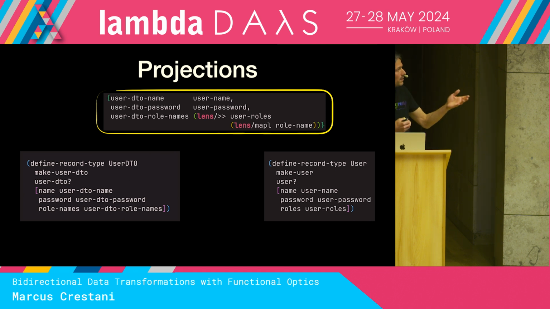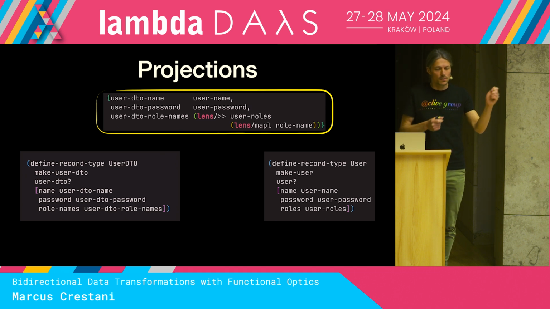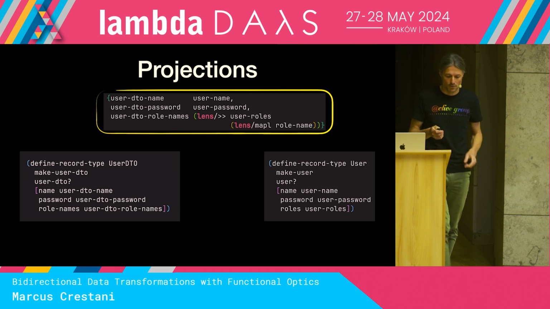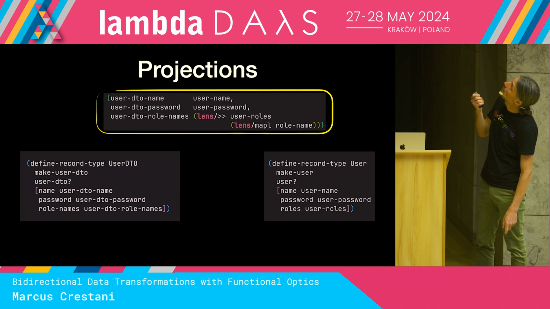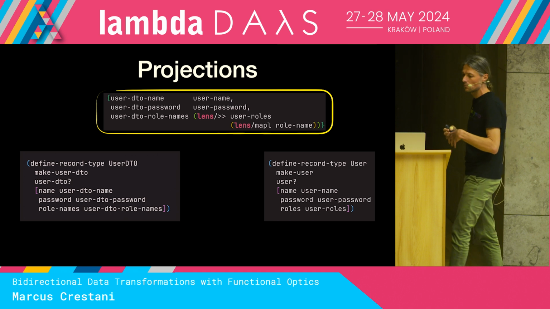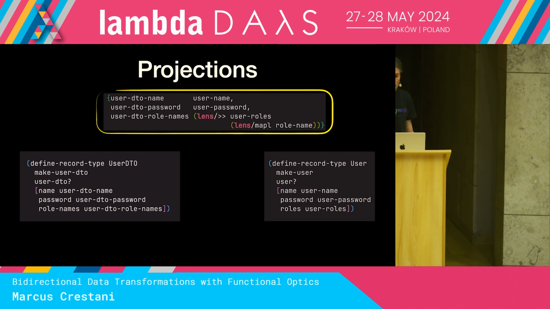Here we use that representation to connect the lenses that connect the fields. So the lens user DTO name connects to the user name of the domain object. And the lens user DTO password connects to the user password lens of the domain object. And the user DTO role names lens of the DTO connects to something a little bit more complicated.